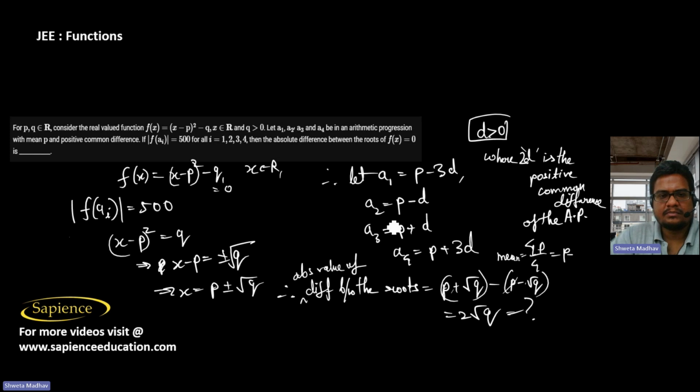So we can say mod of a3 minus p whole square minus q is equal to 500. Here a3 minus p will be d, so mod of d square minus q is equal to 500.